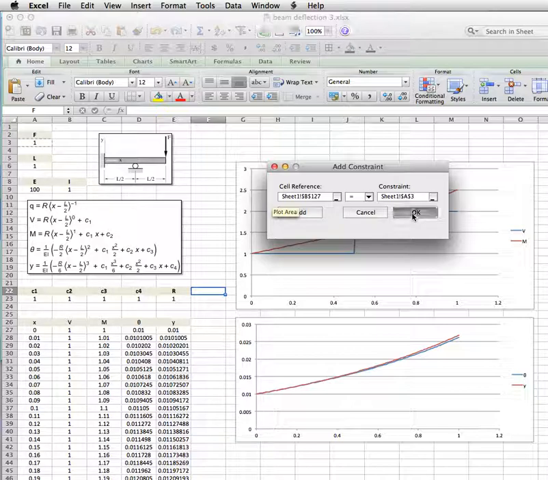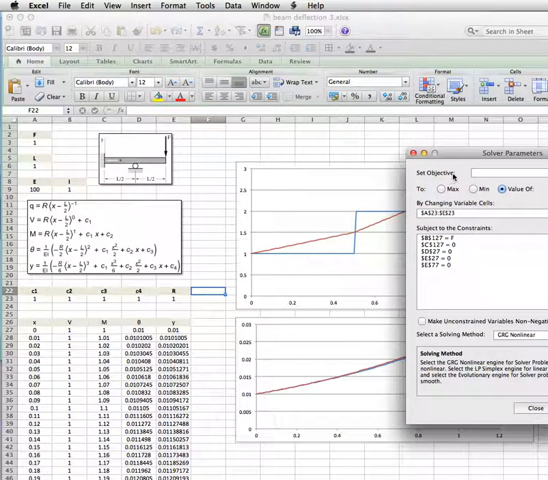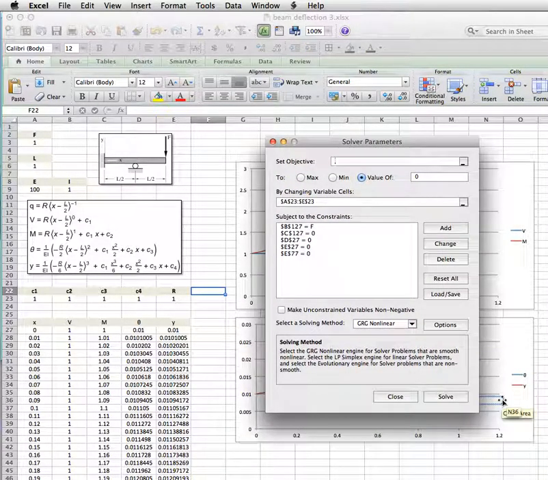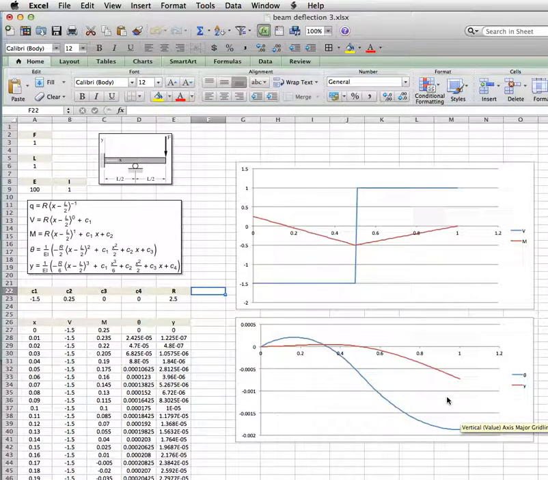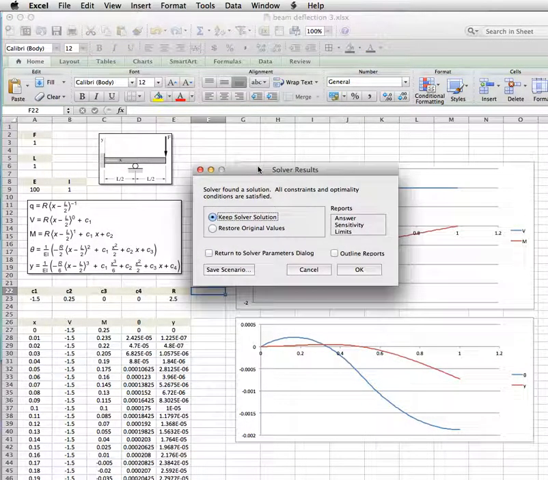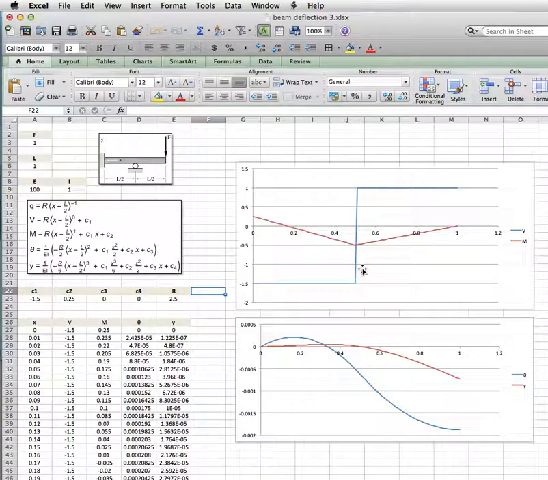So hit OK, and that should be my 5 boundary conditions. And then make sure that's not checked and hit solve. Yep, it found a solution. It actually found these values, including that reaction right there, so that the deflection there is 0.